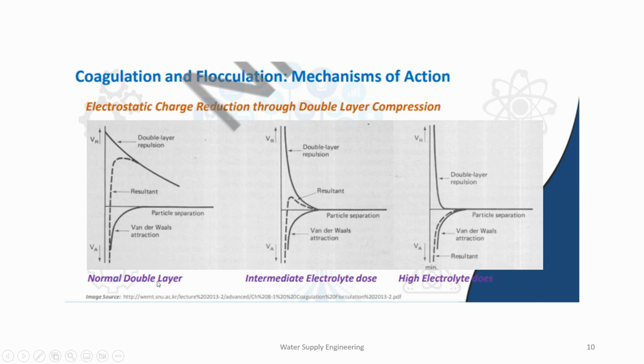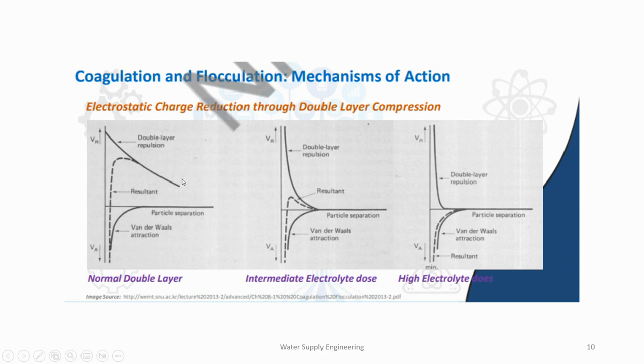Under normal conditions, the repulsive force is so much greater that the resultant force will always be repulsive. But when we add electrolytes or coagulants, depending upon the dosage, the resultant force becomes less repulsive.